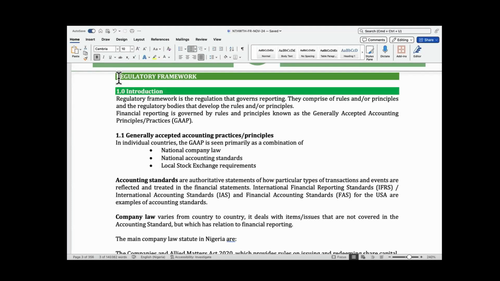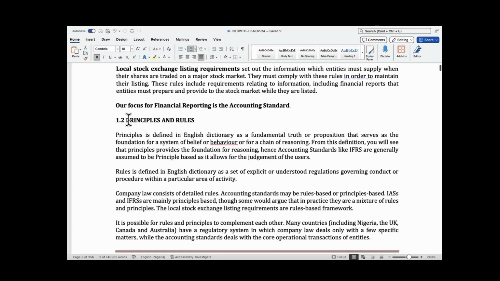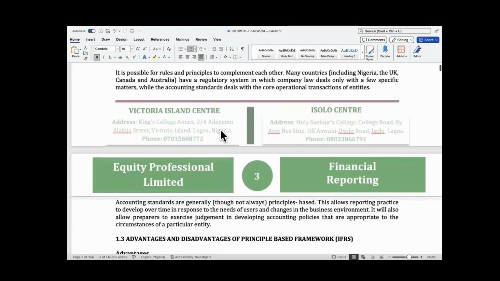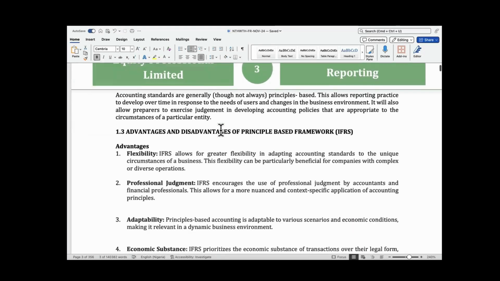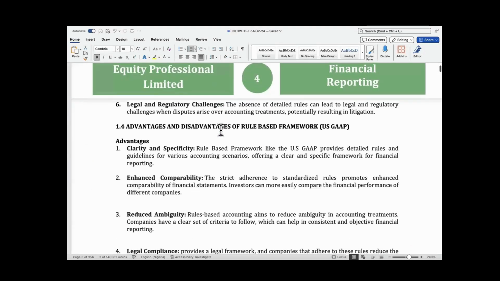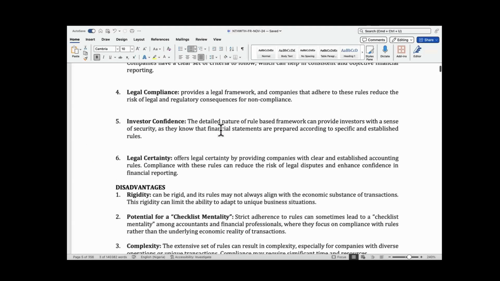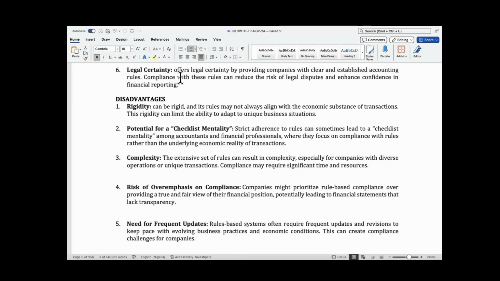So I'm done with the rules and principles, talking about GAAP, explaining all of this, telling you that principles and rules are different, then looking at the advantages and disadvantages of each. Now, because I can't really see you, I can't read your body language, I don't know who understands and who does not.